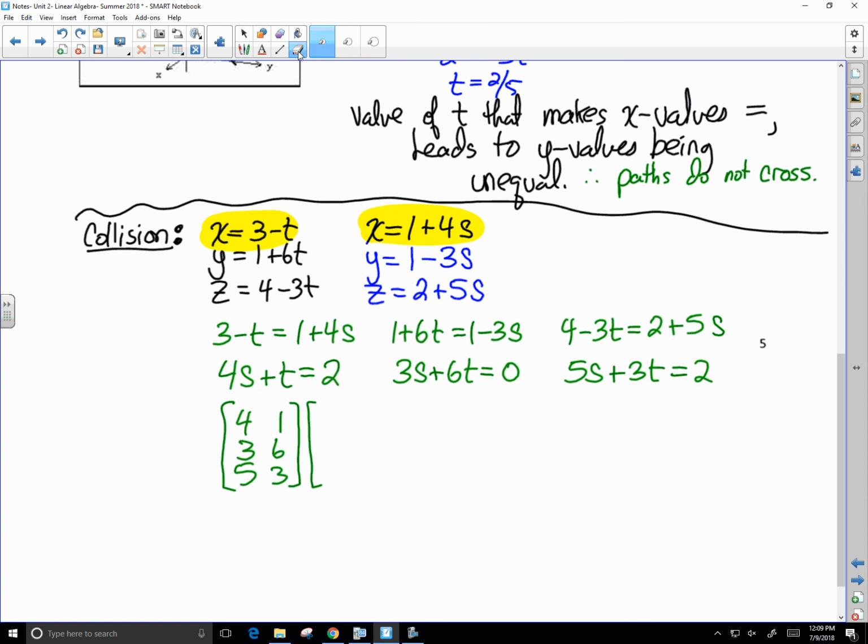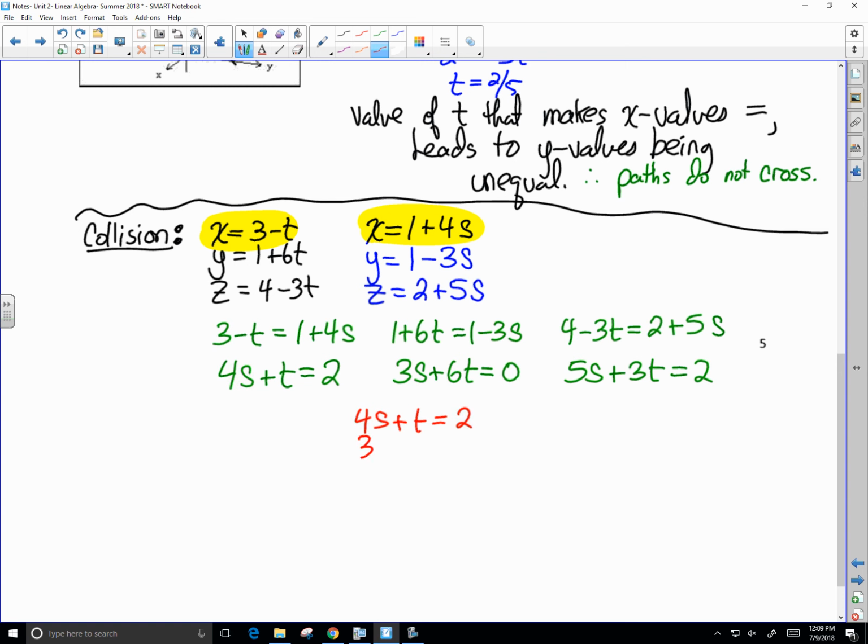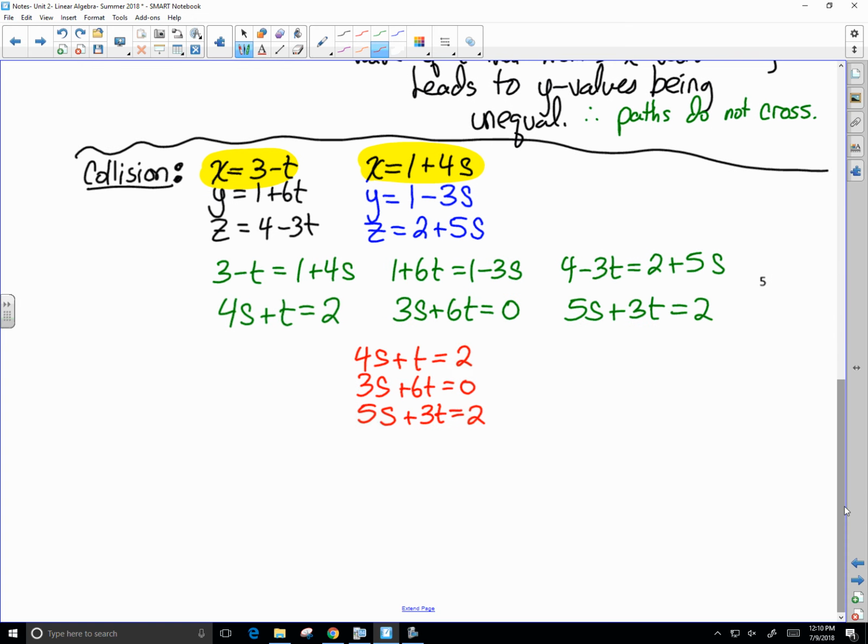Actually, you know what? Let me stack them up first. I don't want to skip steps. I mean, we have three equations, two variables, so we should be more than well off here. Yeah, I don't think we have to write it as a matrix equation.